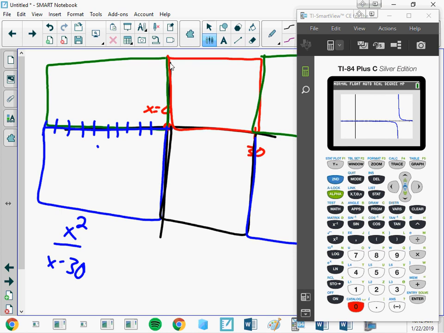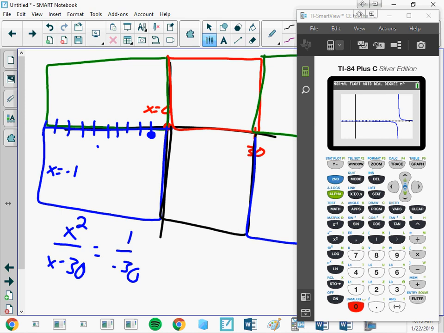That works too. On these multiple choice questions, it doesn't matter how you solve it as long as you can figure out the answer. So I'm going to plug in x equals -1, which gives me 1 over -30, which is right here. That point landed in the blue window, which means all of the other points that are smaller than 0 will also land in the blue window.